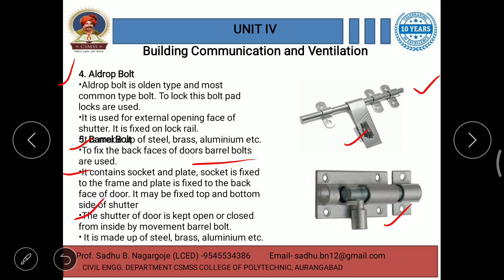Everyone might have seen barrel type bolts in our doors, fixed at the top or at the bottom from the inner side of the door. The materials used for making these bolts may be steel, brass, aluminum, etc.